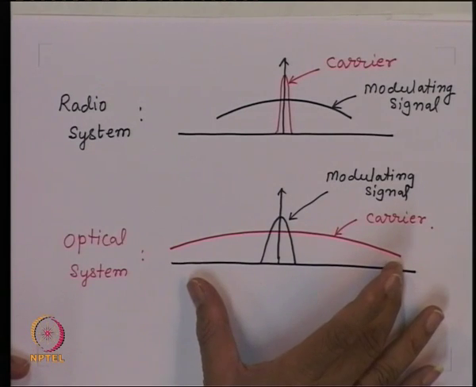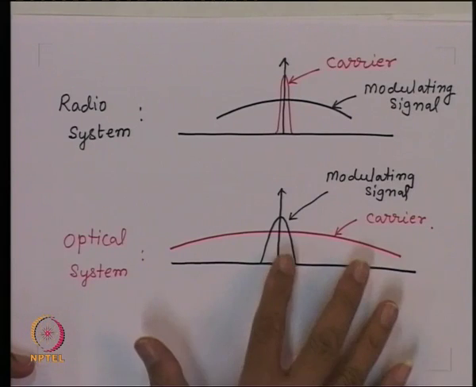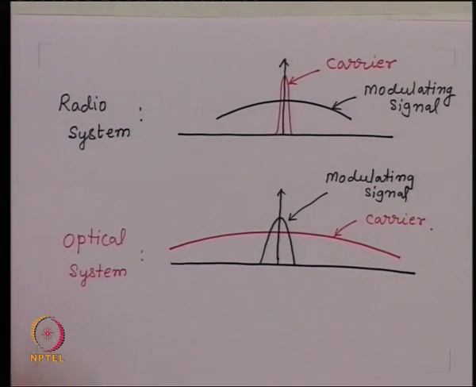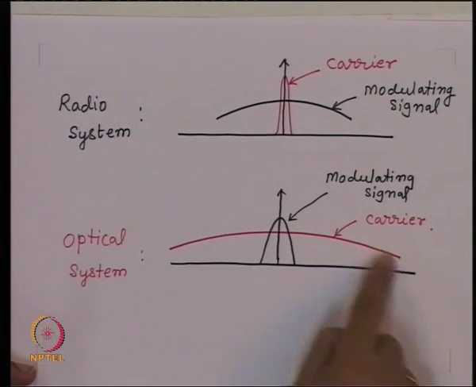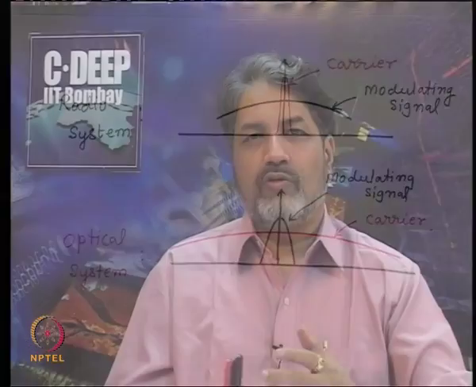It will get modified, but this modification will be very marginal. So whether we modulate the carrier or don't modulate the carrier, you will see the spectrum which will be the same as the carrier spectrum. Or in other words, there is no clear signature of modulation in the spectral domain for an optical system.